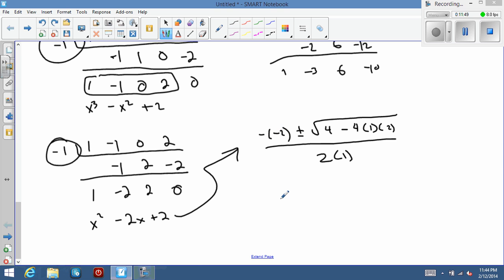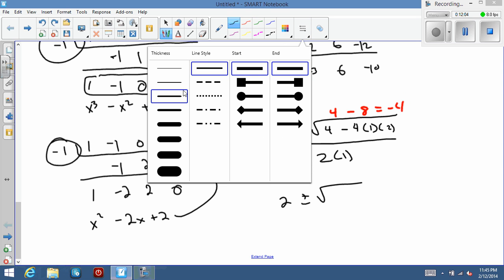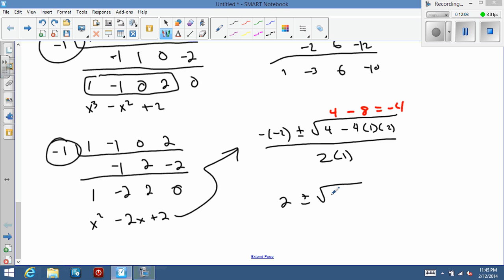Now I'm going to simplify this. I get 2 plus or minus the square root. Inside the radical here, I have 4 minus 8, which is negative 4, over 2.